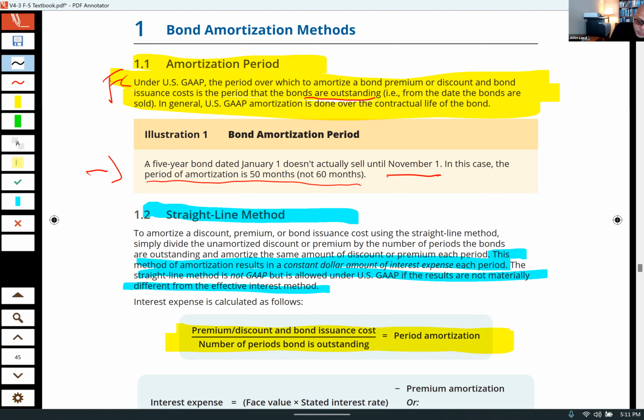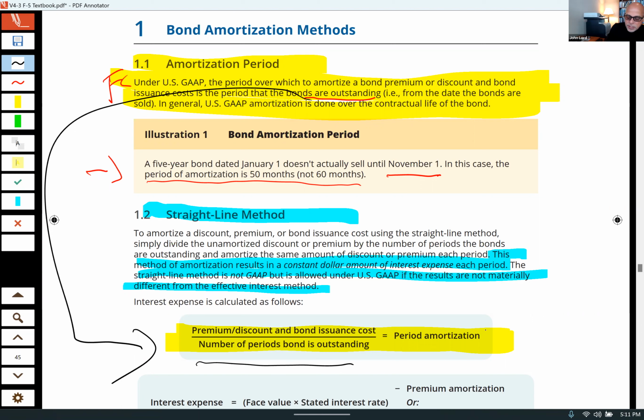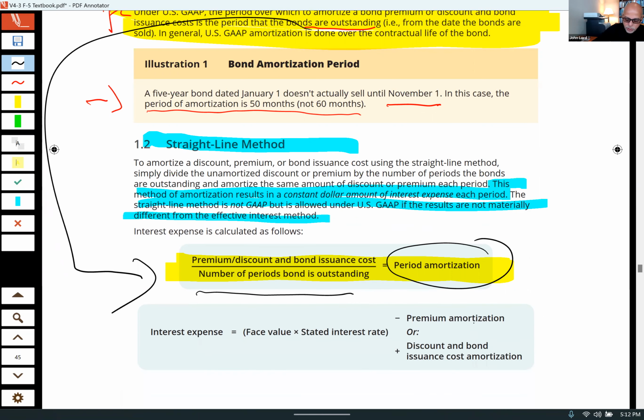We take those number of periods the bond is outstanding in the denominator, and in the numerator we simply have our premium or our discount and bond issue costs together. Bond issue costs are also amortized over that same period of time, the period the bond is outstanding. That gives you your amortization of the discount or premium.